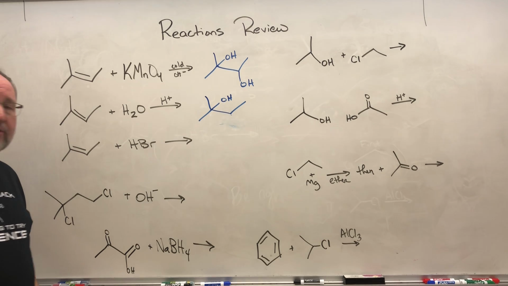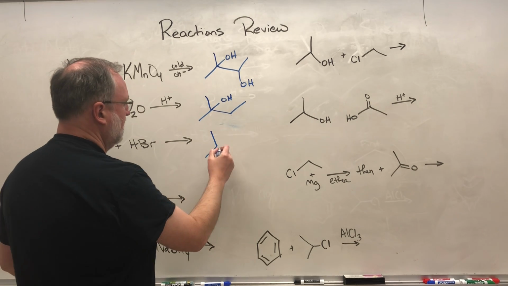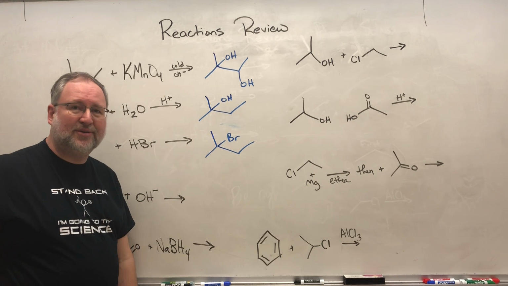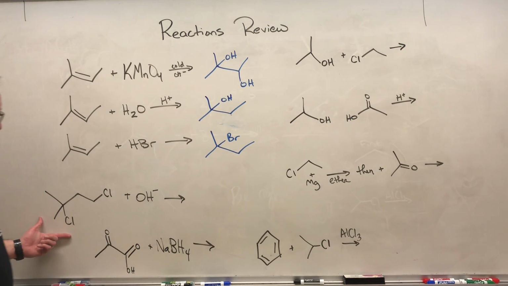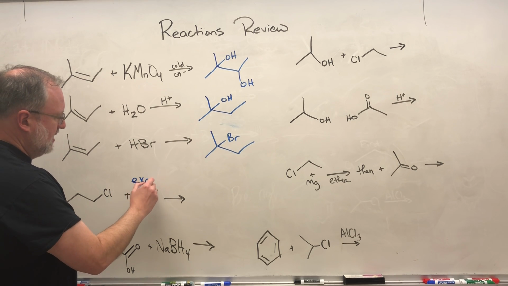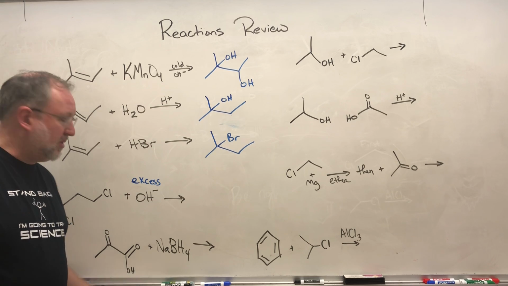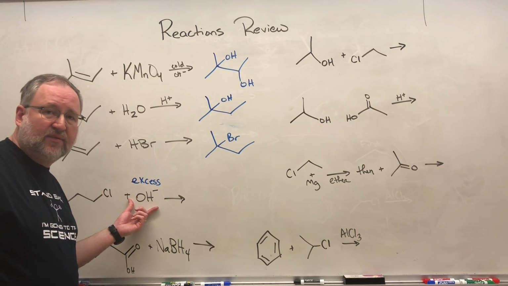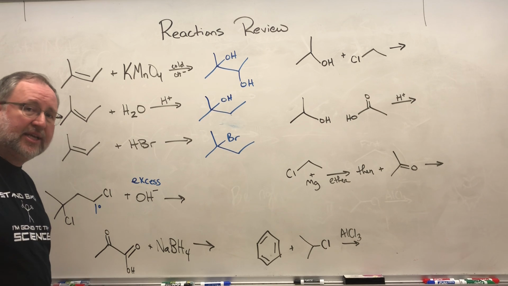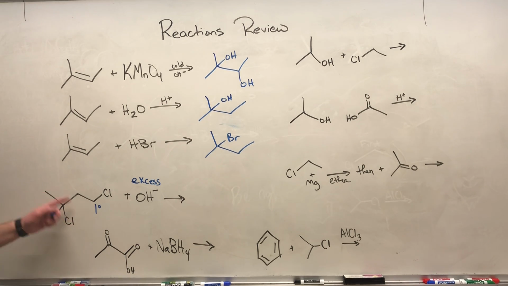For the next one, another MEA type reaction. Again, we're going to follow Markovnikov's rule, so it looks like that. How about this one? This one is actually two different reactions in one. Again, not explicit, but implied is we have an excess of whatever reagent this is. So if you add base, here we have a primary haloalkane. We know in that case we're going to get some substitution. Here we have a tertiary one.